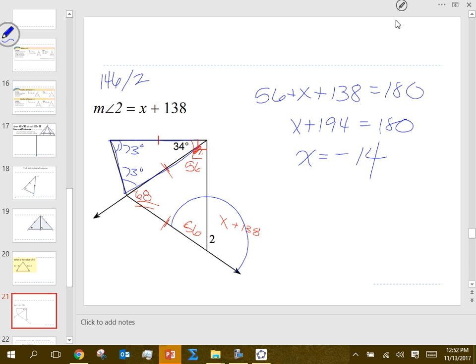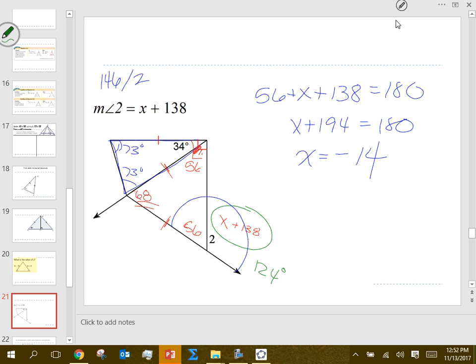But what is the problem? If x is negative, when I plug it back in, I've got to make sure what? You've got to make sure that that angle there is always a positive angle, right? When I plug negative 14 in, what do you get? 124. Okay. Now, there's a built-in check.